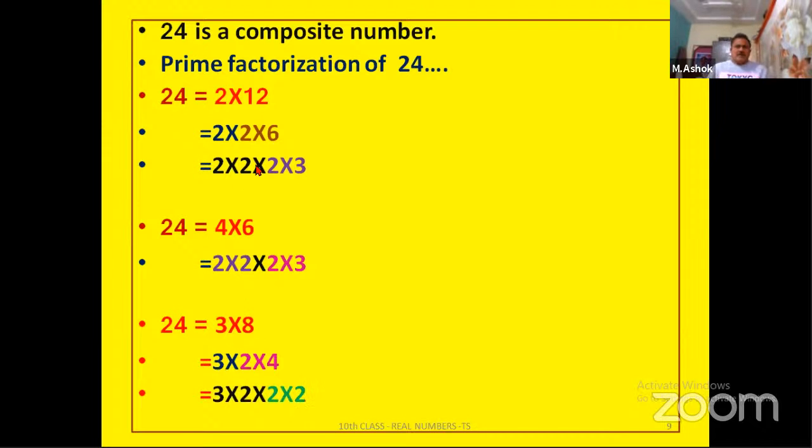Observe all these three situations. Irrespective of order, the prime factors are the same in all three situations.